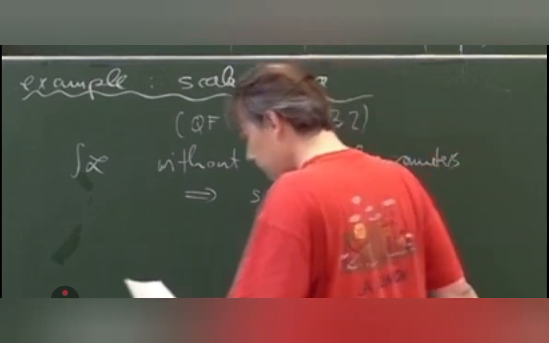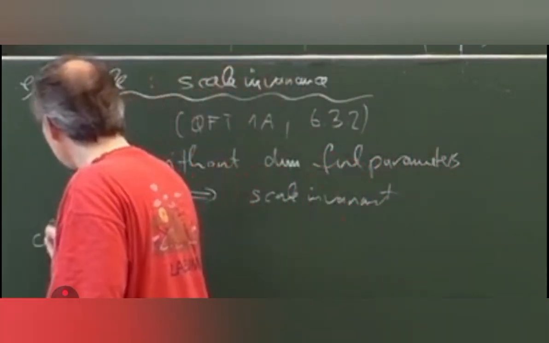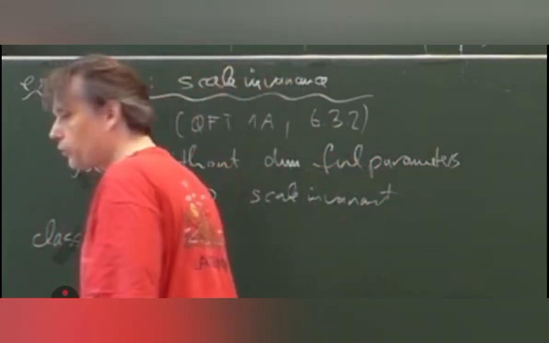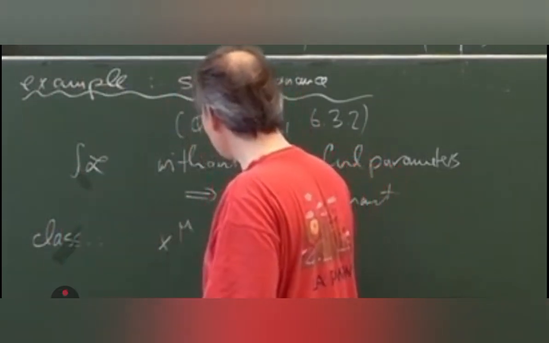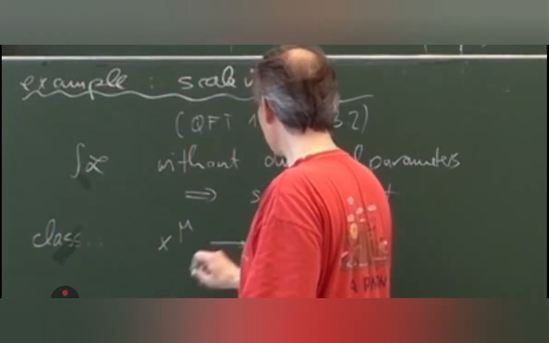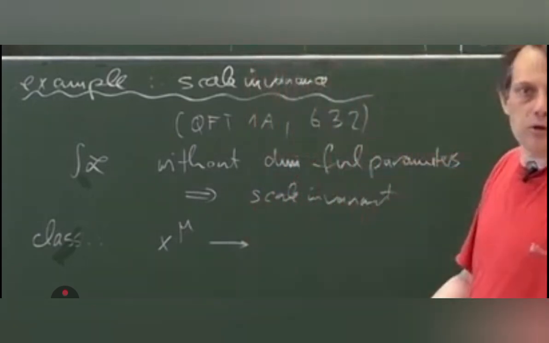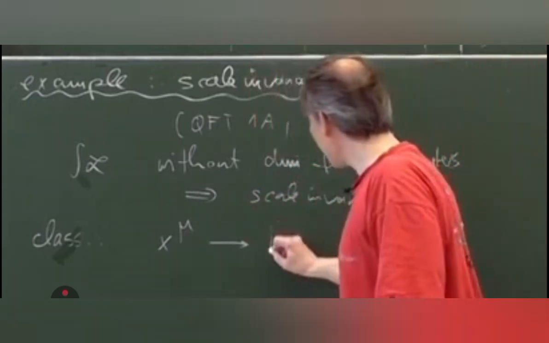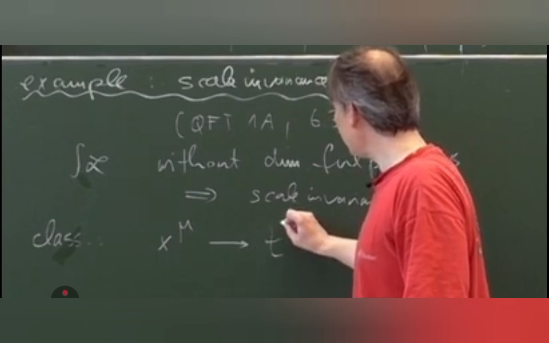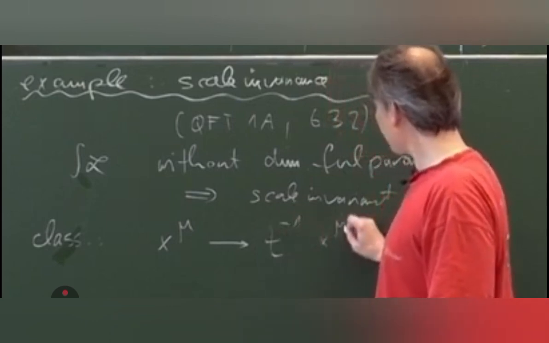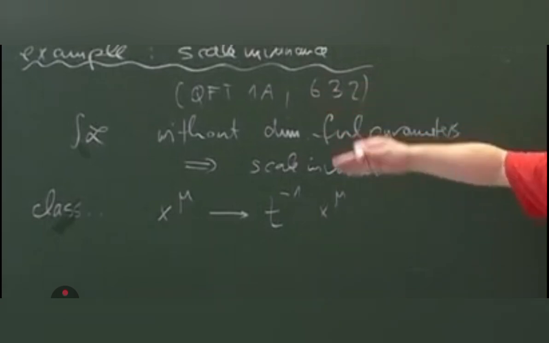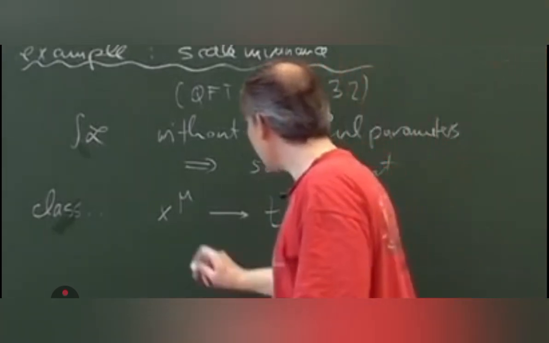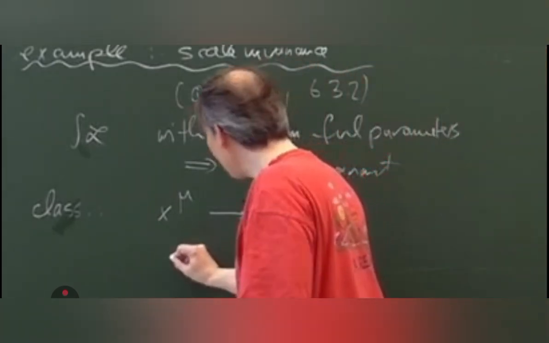And technically that corresponds to the following symmetry transformation. Namely, you can transform your space-time variables x mu, which are dimensionful of course, so you scale them by a parameter t to the -1 times your space-time variable, so you really scale up or down your space-time, and you do the same with all other dimensionful quantities.